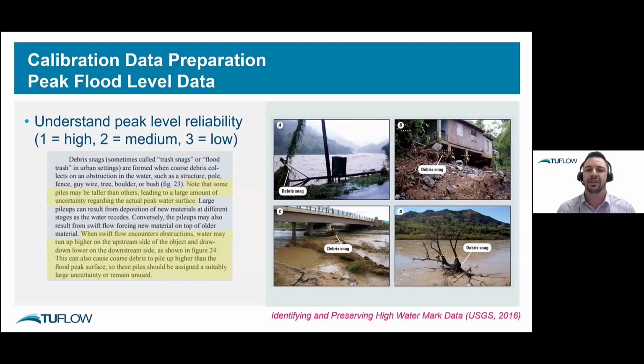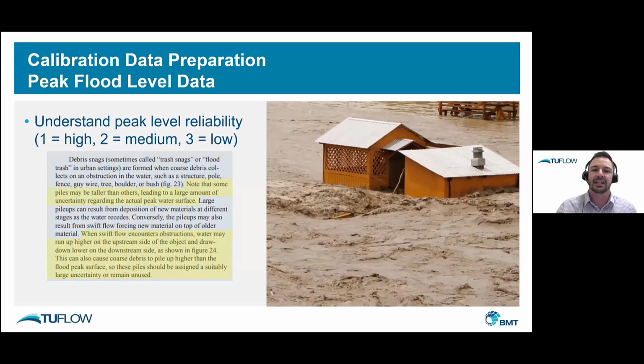You can see there on the bridge, the velocity can push debris up onto the structure itself, which can artificially make it seem like the water level was higher than it was. Alternatively, sometimes you'll see trees with debris around them. If they're small saplings, those trees may have collected the debris while bent over, and then risen up after the event, which also artificially makes the flood levels seem higher than they were. So you just need to be aware of these aspects.